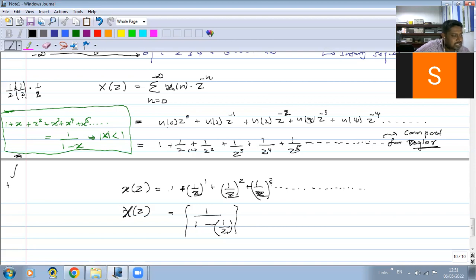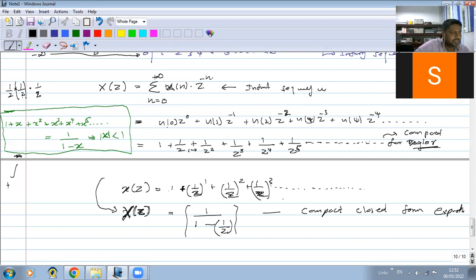So you can see another advantage we can get from the z transform. What is that? Here you have an infinite sequence. But when you convert that infinite sequence into a z transform, you have a compact expression, a closed form expression.